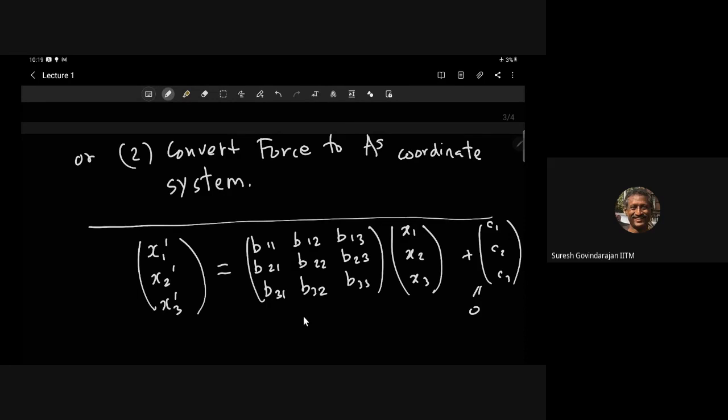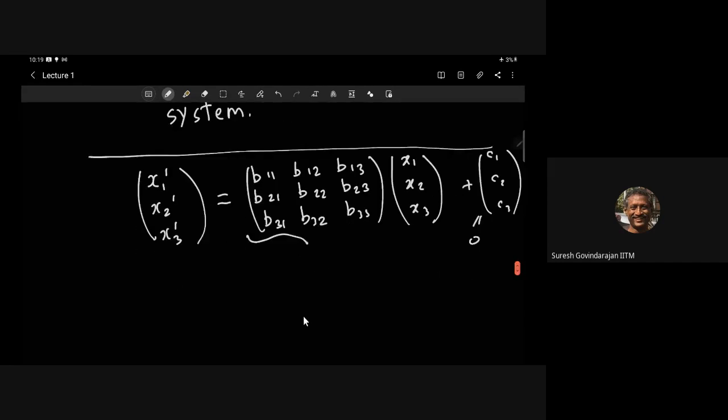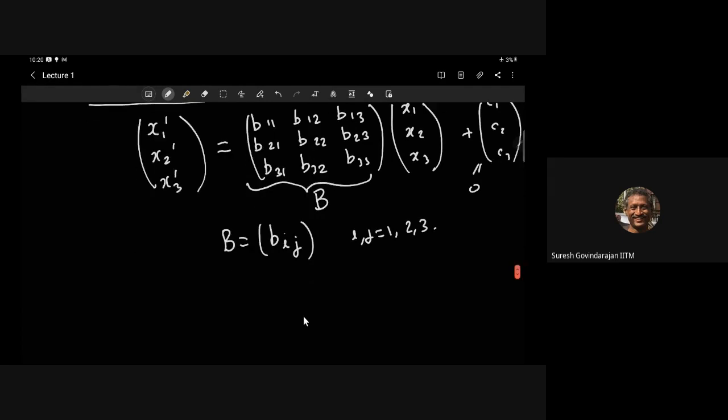So this is the most general change that could happen. Okay, let's just call this matrix with entries little b. I'll use capital B. I'll just use a short form for this, where i and j run from 1, 2, and 3. So when it's obvious, I won't say that. Okay, so that's what you get.